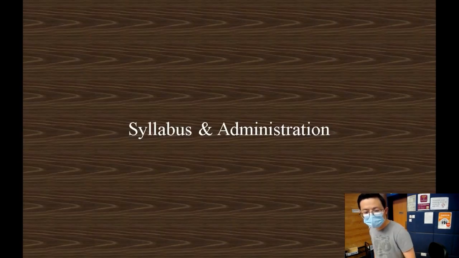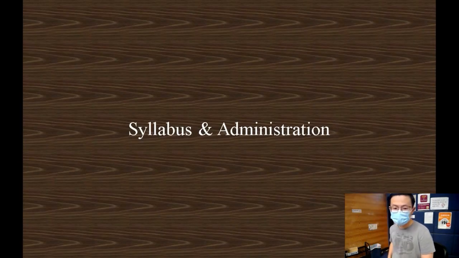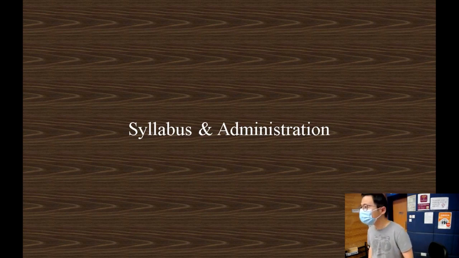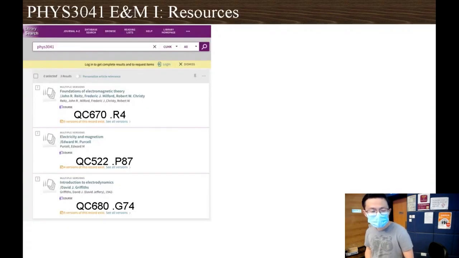Before I start the course, I want to go through the syllabus and tell you how everything should be done. First, the most important thing is the textbooks for this course. You can simply search Physics 3041 in the library, and there should be 3 textbooks already reserved in the library.